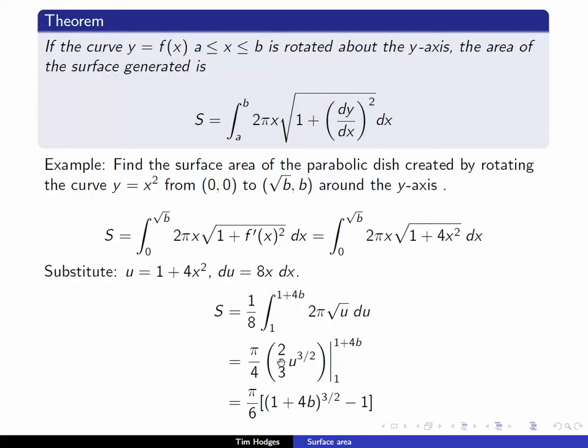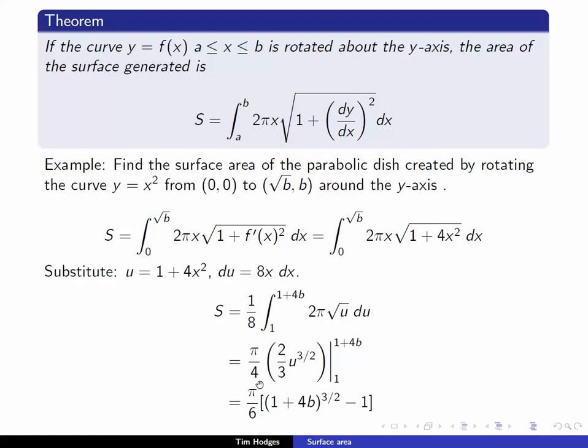Integrating root u gives us 2/3 u to the 3 over 2. And then we just have to evaluate between 1 and 1 plus 4b, because when x is root b, u is 1 plus 4b.